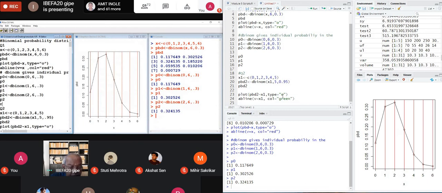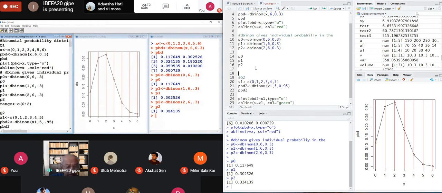Range is c(0, 2). In 0 to 2: 0, 1 and 2. Is that clear? Now, the binomial probability for the range.